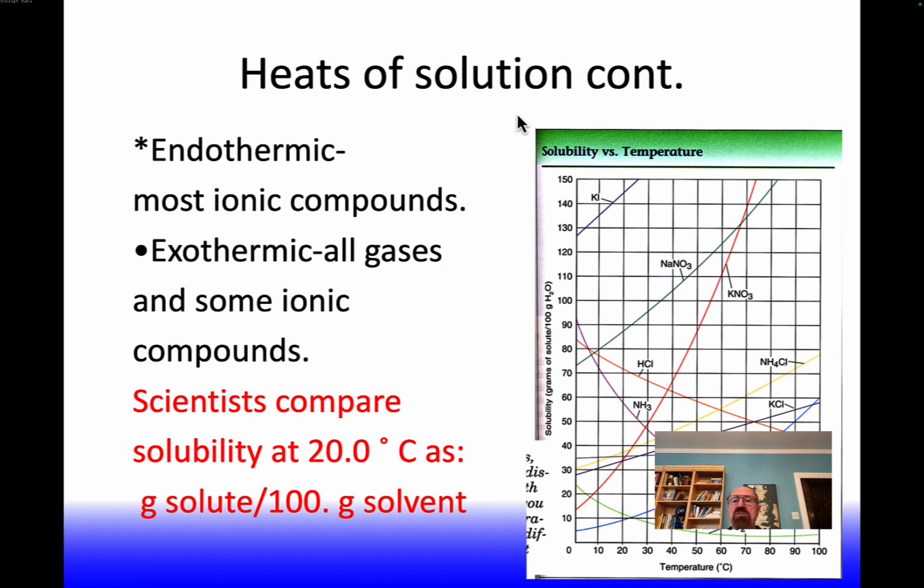The ones that go down, hydrogen monochloride, ammonia, and sulfur dioxide, those three are all gases, and they represent what happens with every gas. Any gas that you try to dissolve in water, as the temperature goes up, less dissolves.